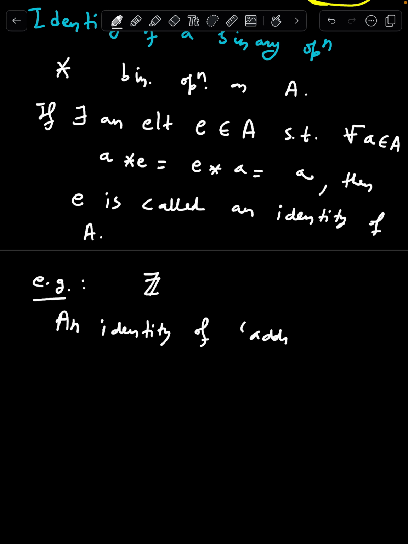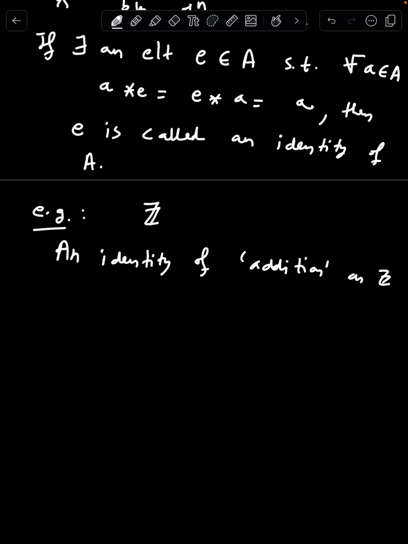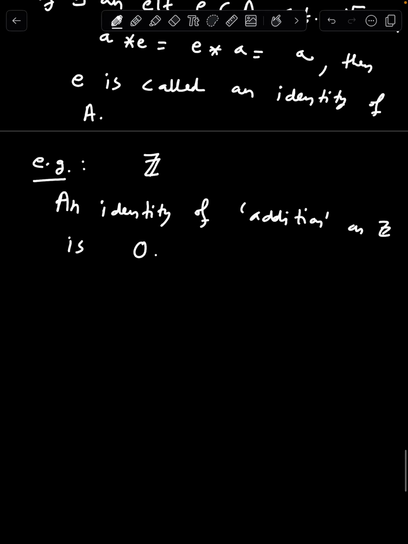What will be the identity of addition on Z? 0, right? Because if you take any element from Z, say A, then A plus 0 is same as 0 plus A equal to A, right? For every A inside Z. Therefore, 0 is an identity of Z.